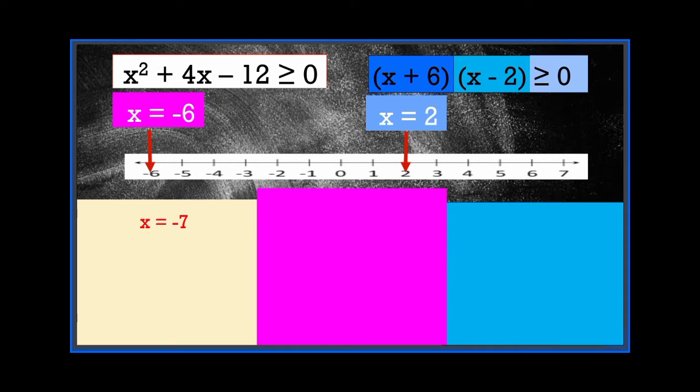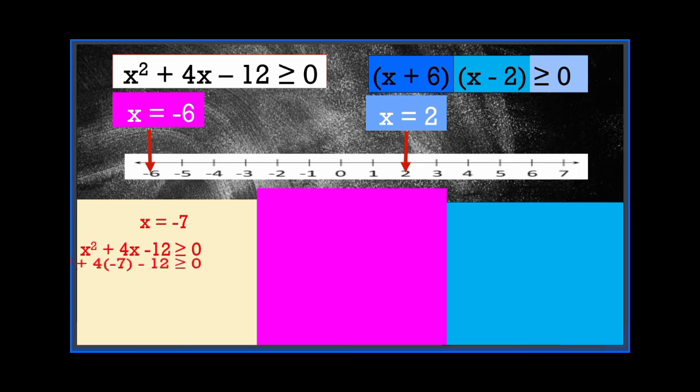So, ang gagawin lang natin is substitute negative 7 sa ating inequality, which is x squared plus 4x minus 12 is greater than or equal to 0. So, palitan lang natin ang mga x ng negative 7.